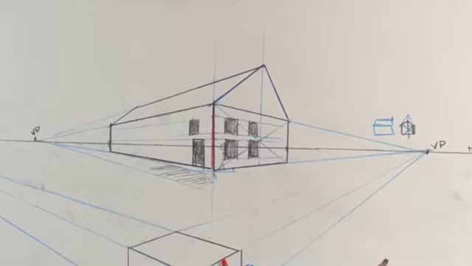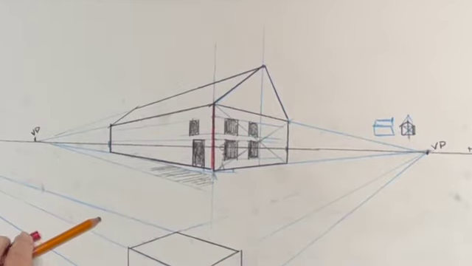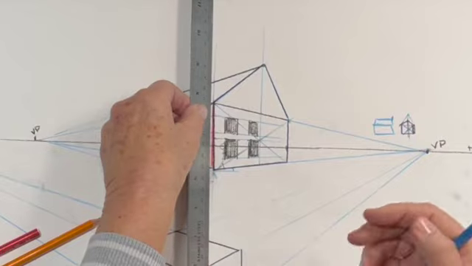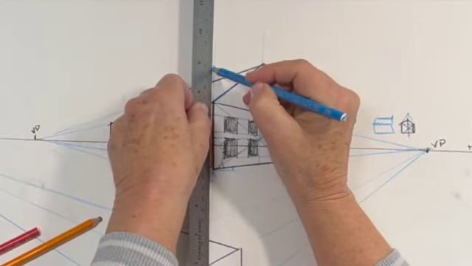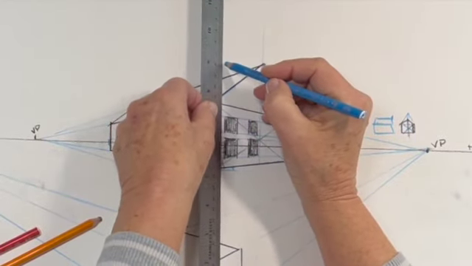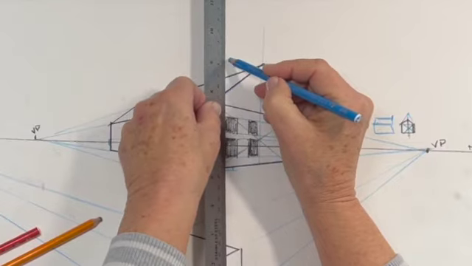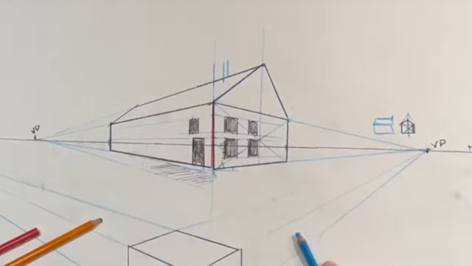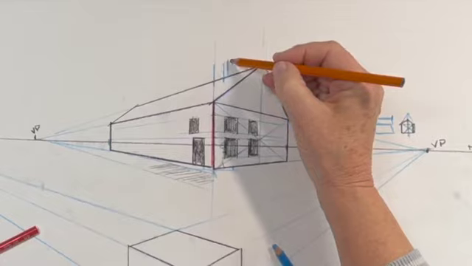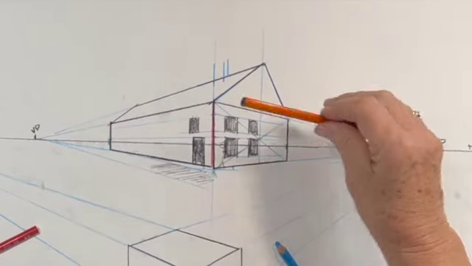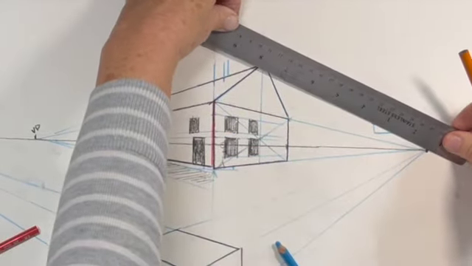If there were a chimney on the top of the house, I'll put it right here where this vertical line is. The vertical lines of a chimney are going to be vertical. This side of the chimney is parallel to these lines, so it has to go to the same vanishing point there.